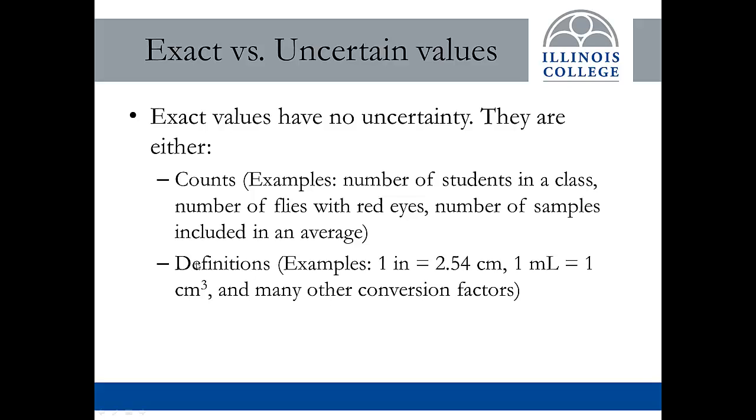The other example of an exact value is something that's a definition. Oftentimes conversion factors are definitions. For example, this conversion factor, 1 inch is equal to 2.54 centimeters. Oftentimes it's a definition because when they give you that conversion factor, they'll say something like by definition, or exactly. Then there's no uncertainty.